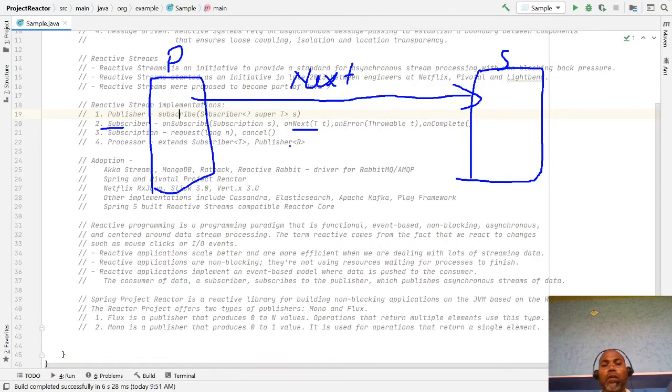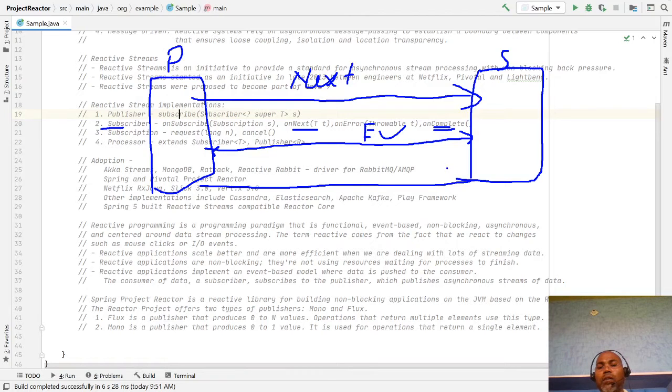The second channel is the error channel. If any error or exception occurs, it is handled by this channel. And the third channel is the onComplete channel.